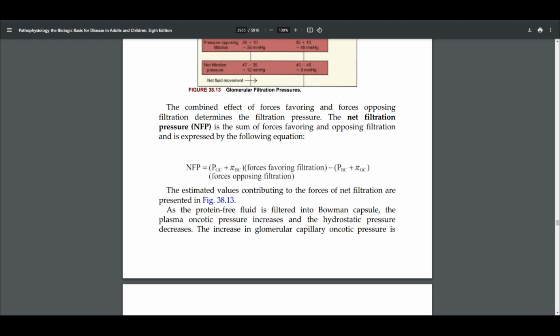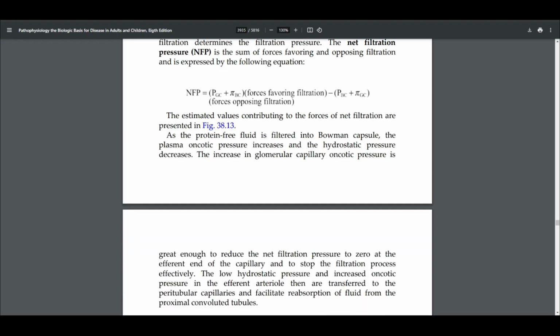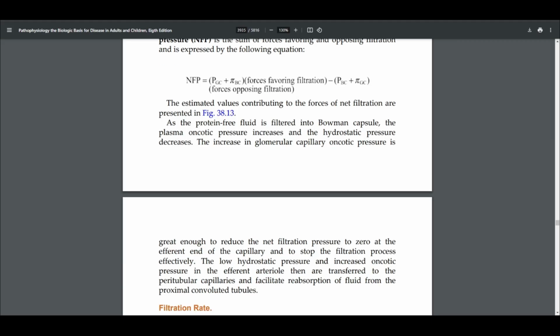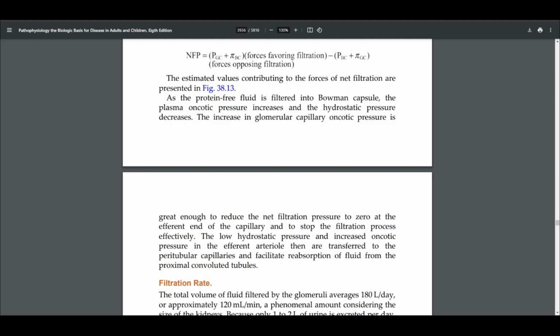NFP is the sum of forces favoring and opposing filtration and is expressed by the following equation. Your NFP. So, the estimated values contributing to the forces of net filtration are presented in this figure.